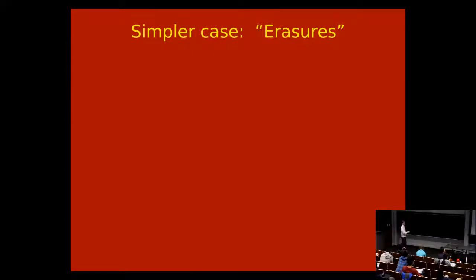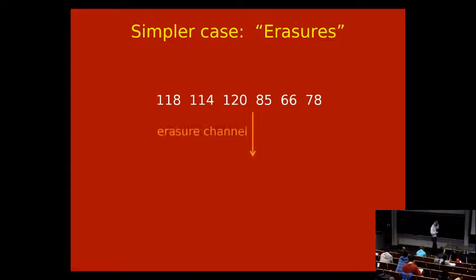We'll give some simple examples here. The simpler case is called erasures. Erasures means that each symbol, when you send it across the channel, either comes through correctly or the receiver gets a question mark. That means the receiver knows that he didn't get the right value. It's like a dropped packet.